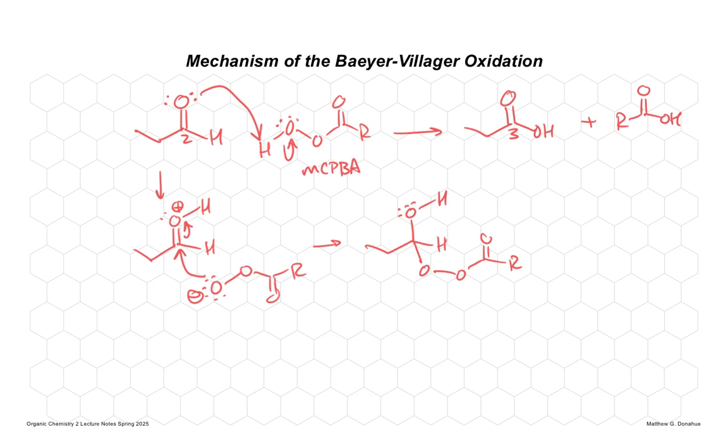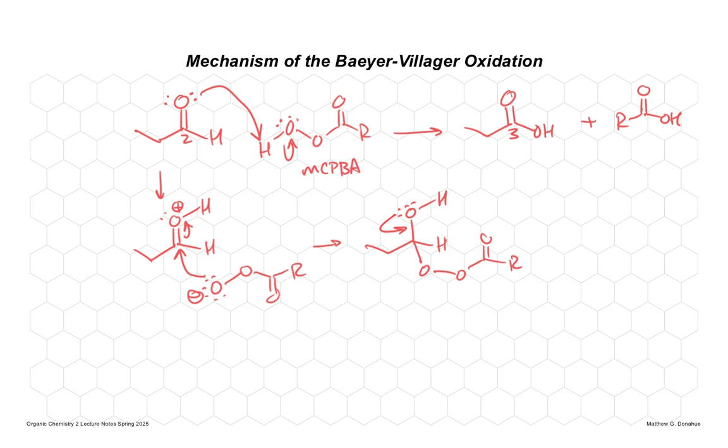So remember I said that the aldehyde H is retained in the original molecule. But we need to break this bond somehow, right? Because we've got to get it onto that oxygen. So the driving force for this, that's going to collapse back down. That reforms the carbonyl. And then we have to break a bond.